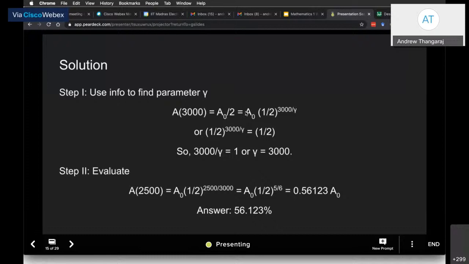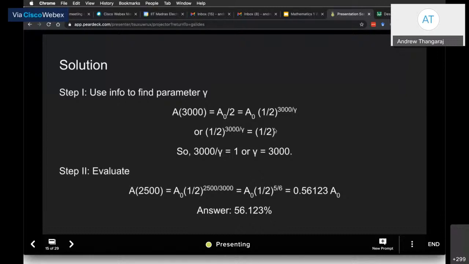Now this A naught is going to cancel on both sides. So you will get half power 3000 by gamma equals half. When you say just half, what is the power? That's 1. So half power something equals half power something else. On the left hand side, I have 3000 by gamma.